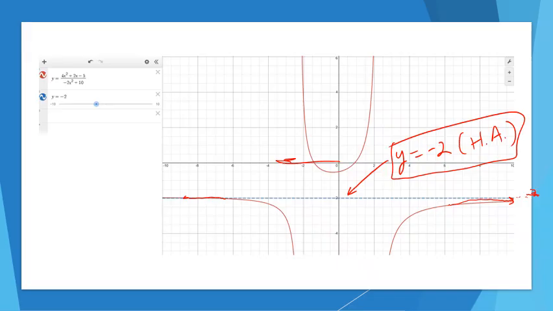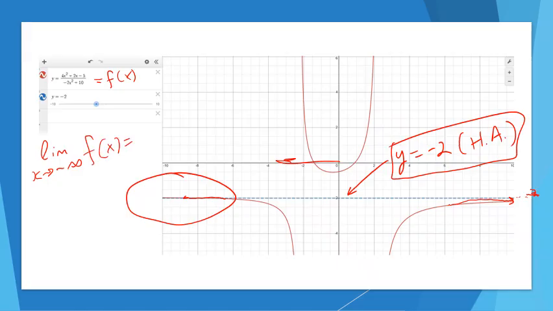The next thing we can find is our end behavior. So let's write two limit statements for this. We'll call this f of x. The limit as x approaches negative infinity, so as x goes to the left forever, of f of x gives us y values that are very close to negative 2.